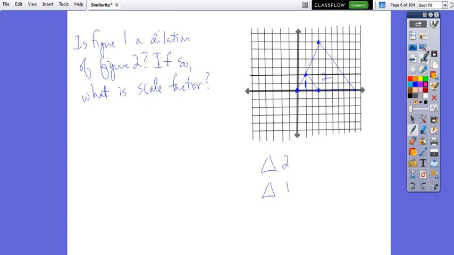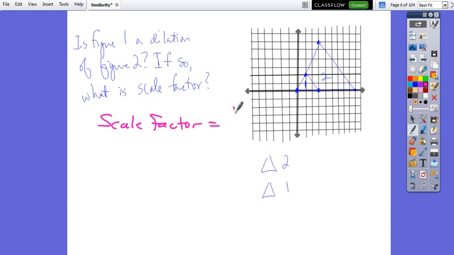So what's my scale factor? 3. Well, it's partially 3. It says is figure 1 a dilation of figure 2? So I'm getting smaller. If I'm going from 2 to 1, what is my scale factor? 1/3. Thank you.